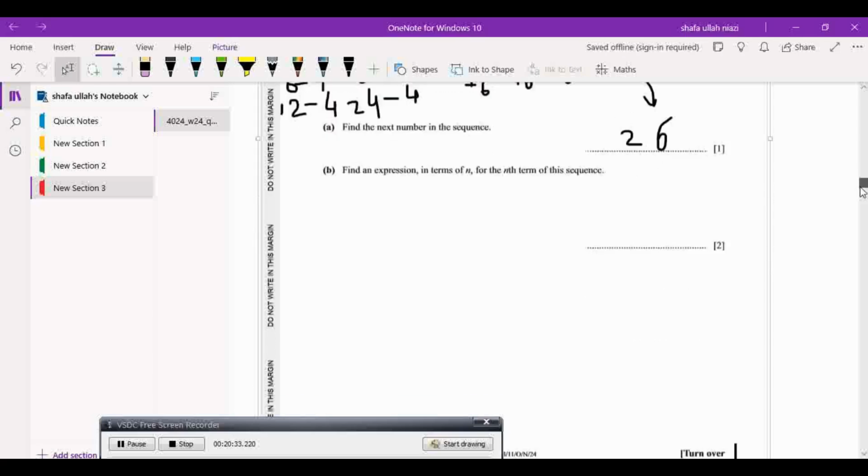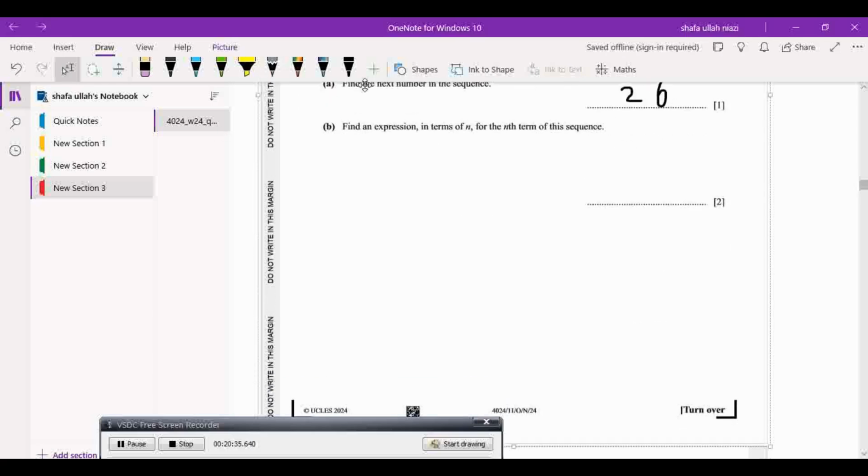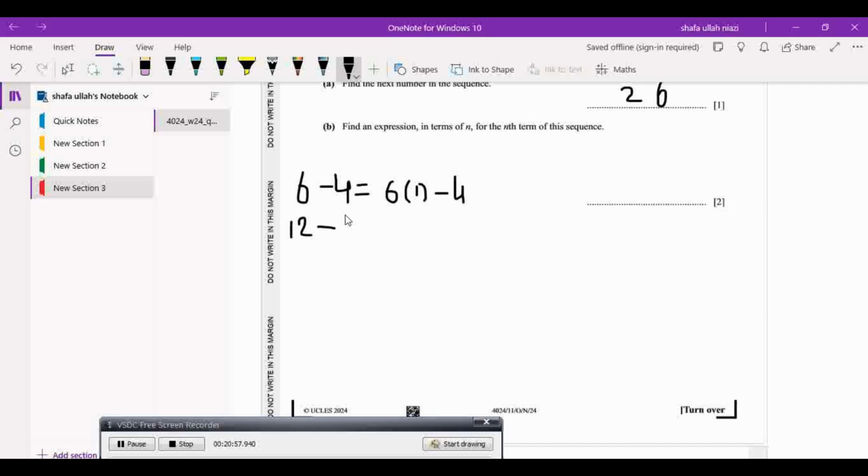Let me write it here. First term is 2, which is 6 minus 4, and this is actually 6 into 1. 1 is the number of the term, first term, so 6 into 1 minus 4. Second is 8. 8 is actually 12 minus 4, so this is 6 into 2 minus 4.